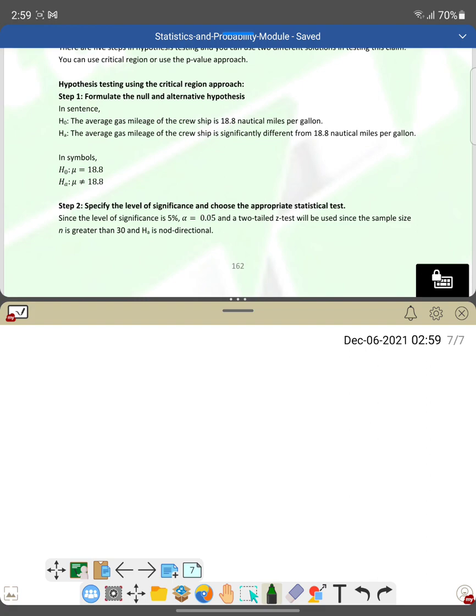So remember, we are going to utilize alpha equal to 0.05, and your level of confidence for this one is 95%. It is a two-tailed test.